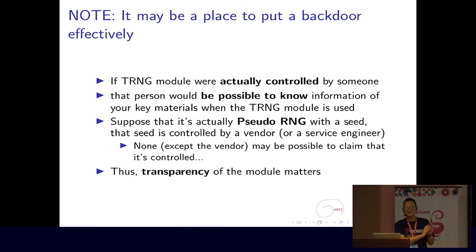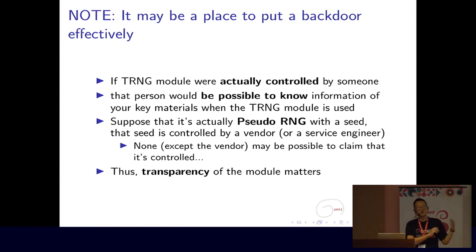No one can distinguish the sequence if it is controlled or not. So thus, transparency of the random number generator module matters. It is just like free software, like a Debian operating system. Transparency matters here.